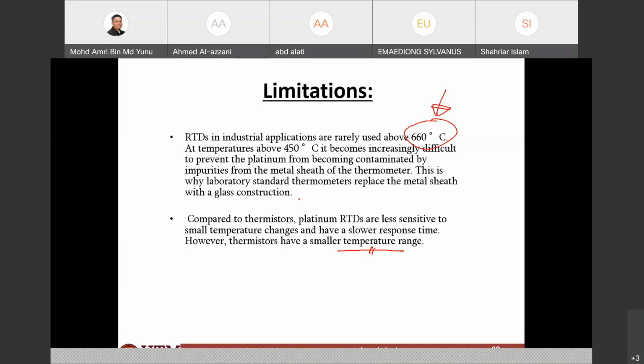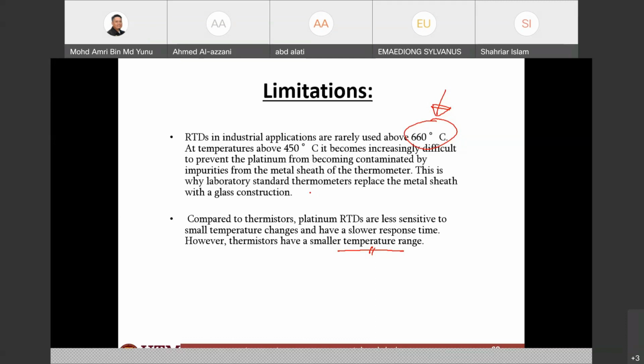So in some applications, they will change the sheath or the insulator from metal to glass. But care must be taken when handling the RTD with glass insulator or sheath. As a comparison to the thermistor, RTDs are less sensitive to small temperature changes and have a slower response.